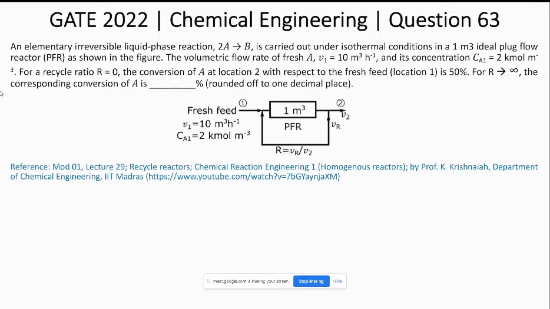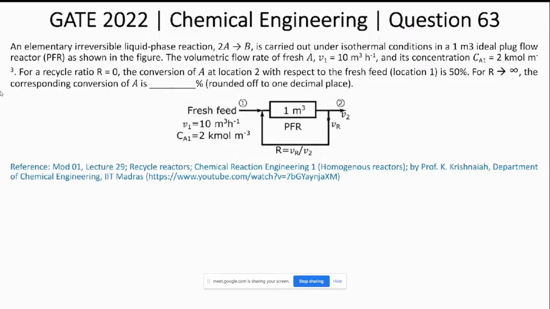So all we have to do here is take these two cases. In the first case, apply the design equation for PFR and find whatever is unknown. In the second case, apply the design equation for CSTR and find the unknown, which is the conversion. This is the idea of how we have to proceed.